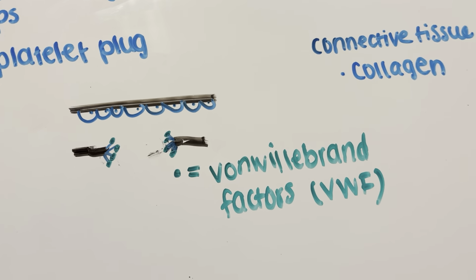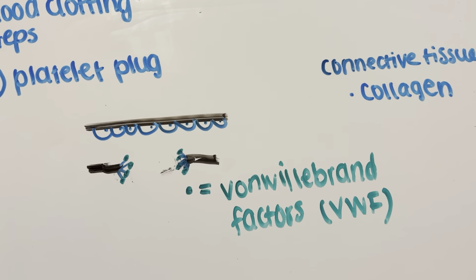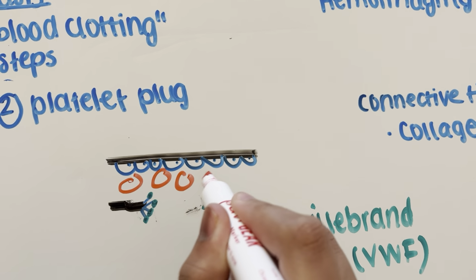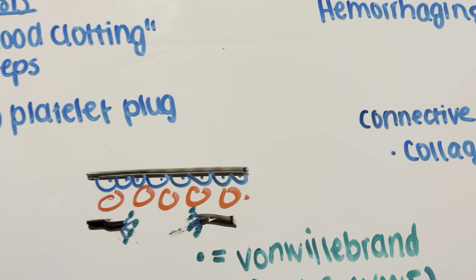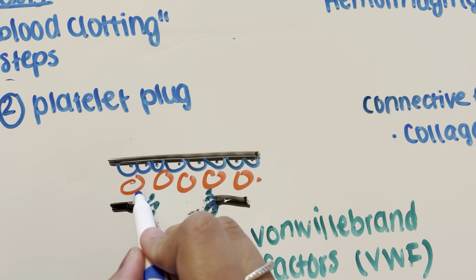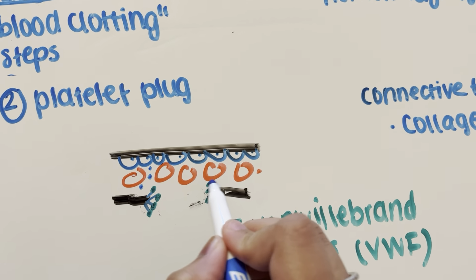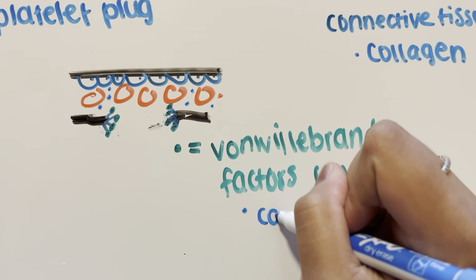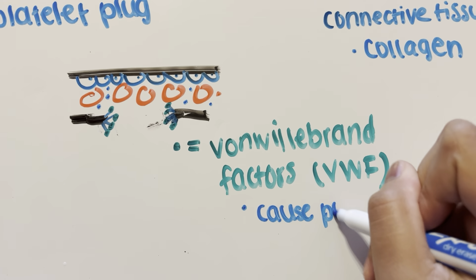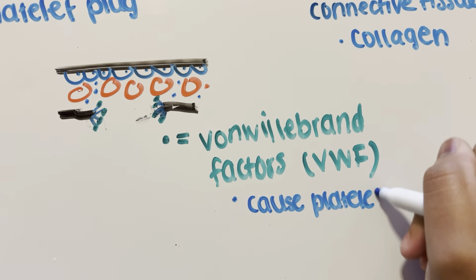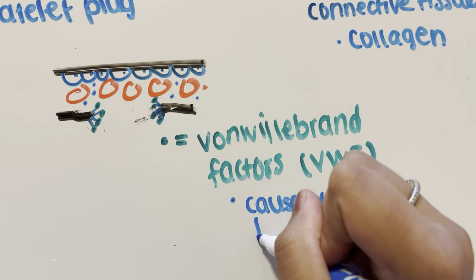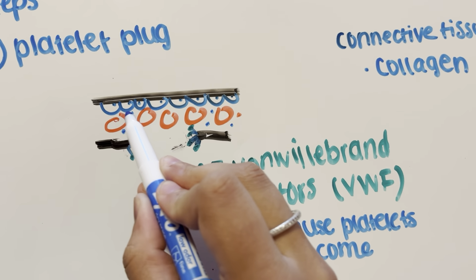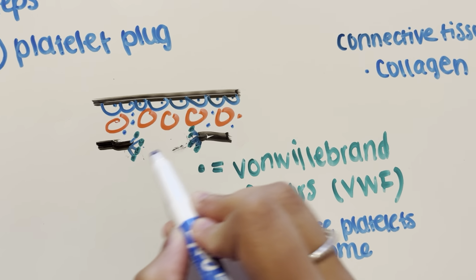And basically what's going to happen is your von Willebrand factors, they're going to call platelets flowing in the blood. So von Willebrand factors, they cause platelets to come. And we can think of this as maybe a flag, because they're like, hey, platelets, come, we need your help. We need to form a clot right here.